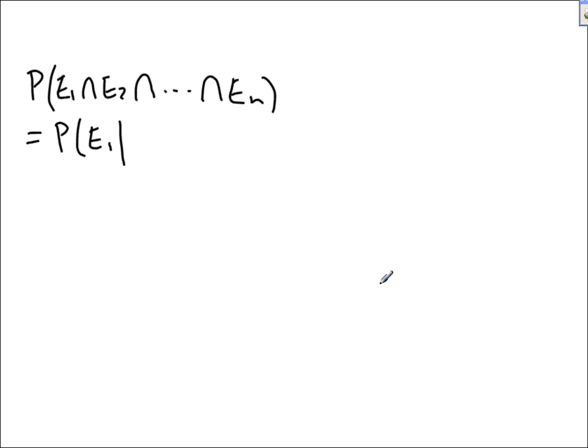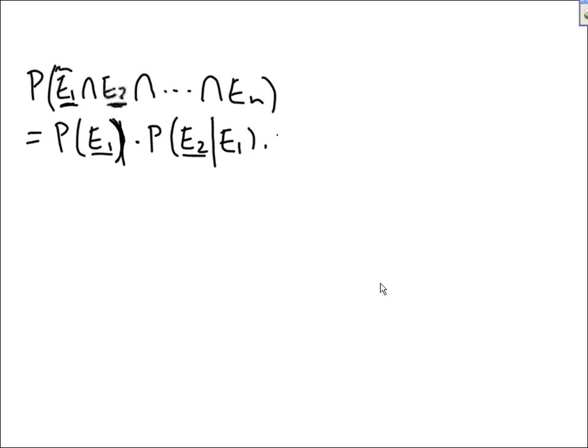The probability of E1 intersect E2, etc., all the way up to intersect En, is nothing more than the probability of E1 given the ones before E1. Well, there is nothing before E1, so I can just close it up. Times the probability of E2 given the intersections of the ones before. Before E2 is just E1.